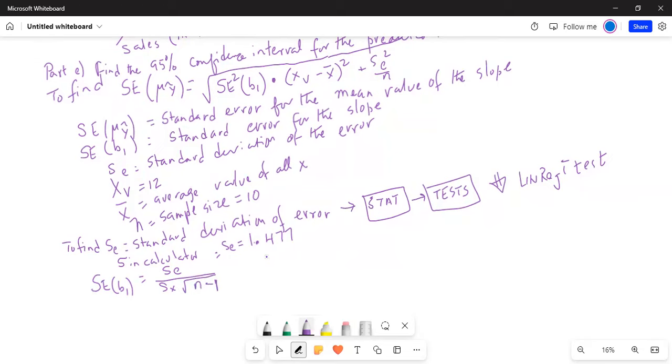Now we will need to press the stat button, then calc, highlight calc, then number 1. So stat, calc, number 1, one-variable stats.